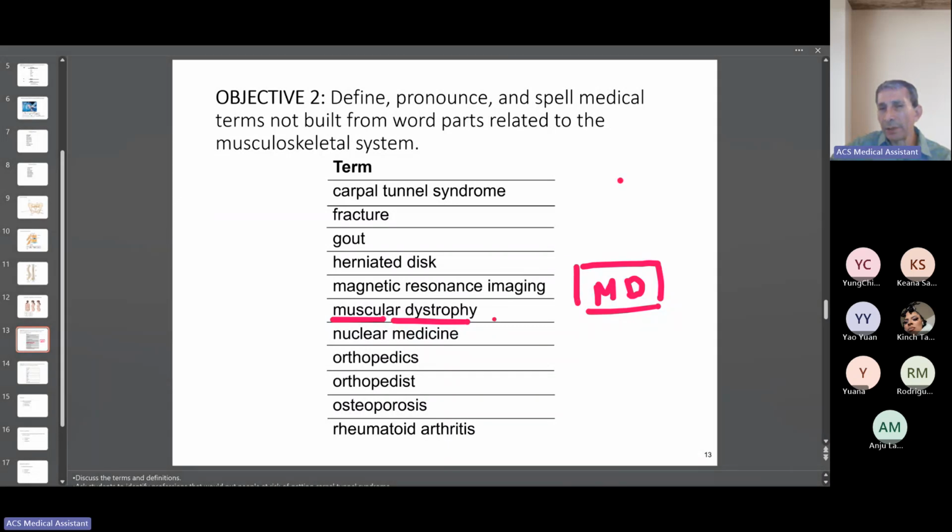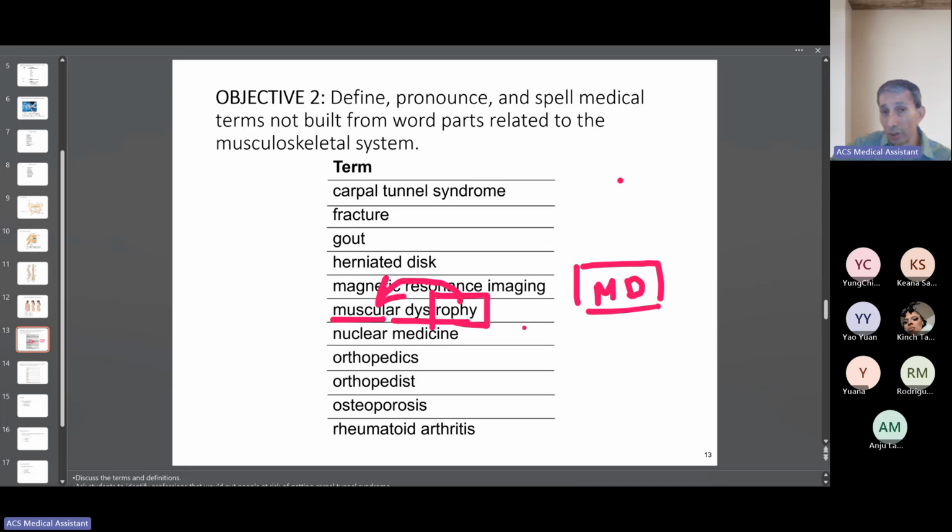Muscular dystrophy, what happened to the muscle? This, remember, means abnormal development. So it means that this muscle is weak. This muscle is thin. This muscle is not strong. So therefore, if you have muscular dystrophy, you're not going to be able to move.